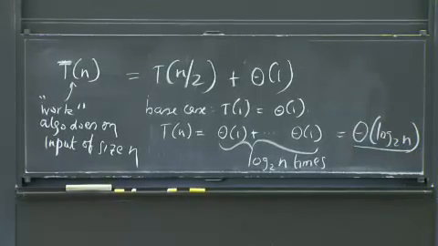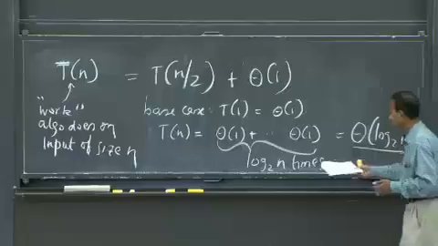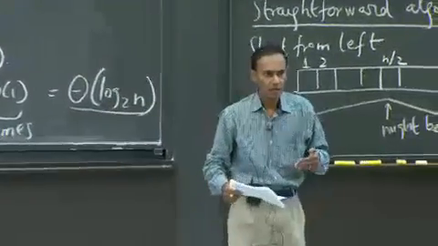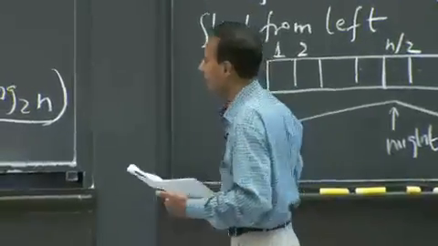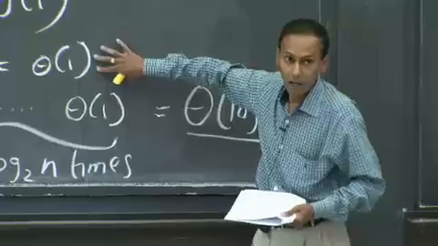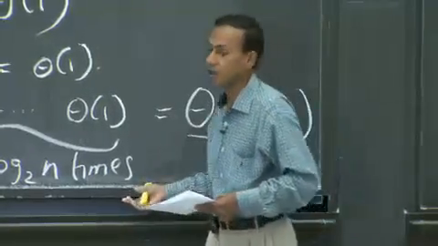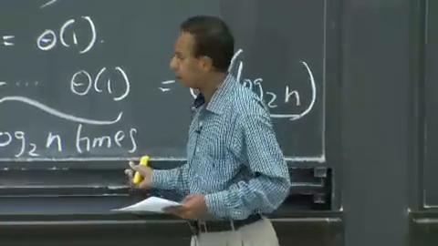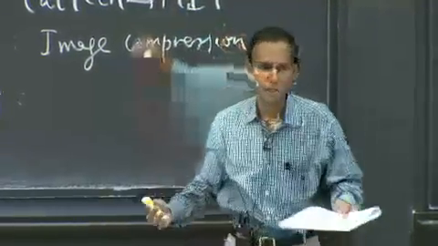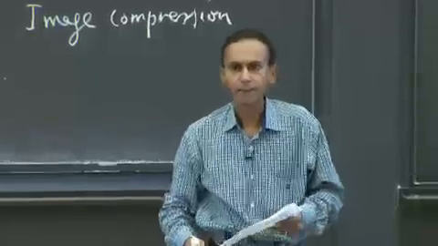Okay, huge difference. So there is a big difference between theta n and theta log n. It's literally the difference between 2 raised to n and n. It makes sense to try and reduce complexity, as you can see, especially if you're talking about large inputs. And you'll see that more clearly as we go to a 2D version of this problem.